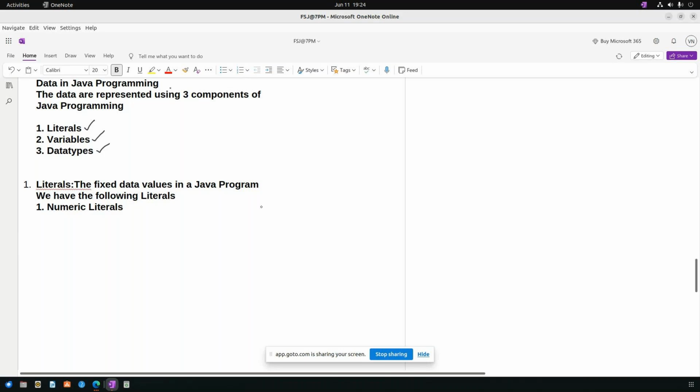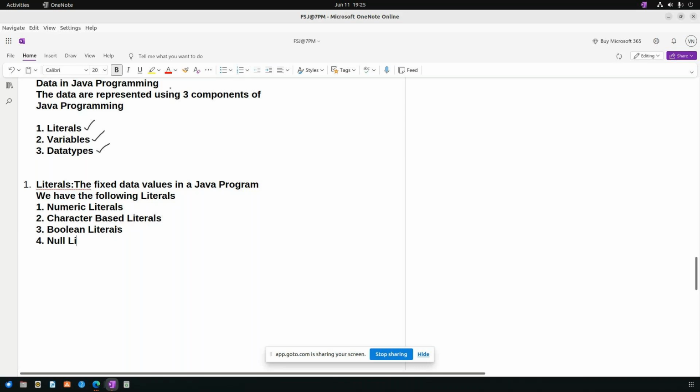Second one is character-based literals. The third one is Boolean literal. And the fourth one is null literal.